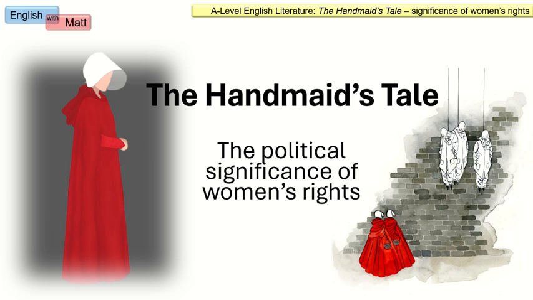And that's why this novel remains powerful, because it has a relevance to it. And I always love talking about the word relevance with literature, because the reason why we study literature is because it tells us about who we are as people and about society more generally. That's where the power of literature comes from.